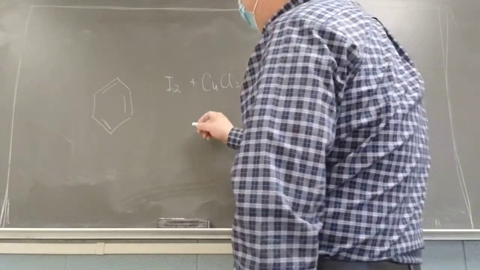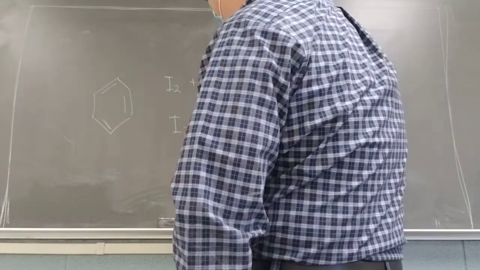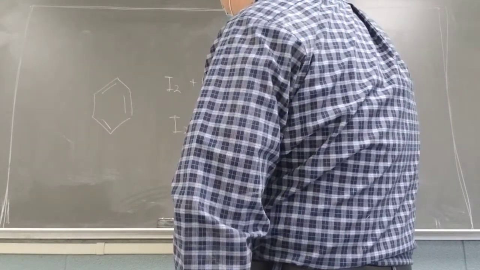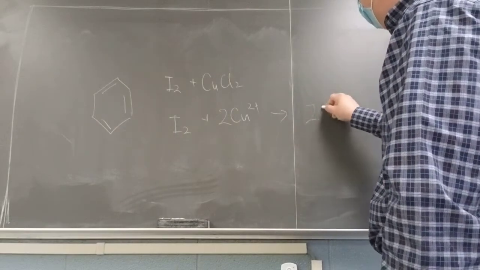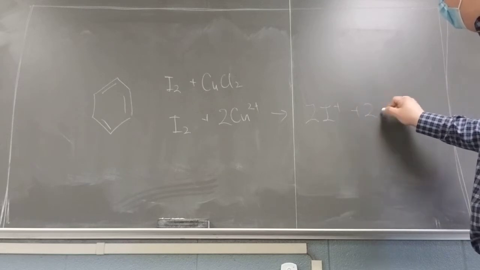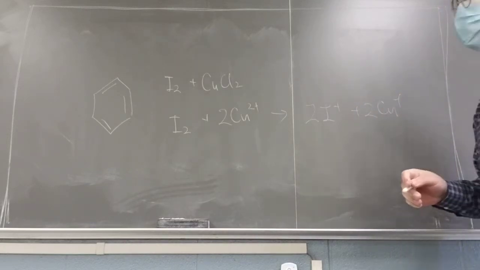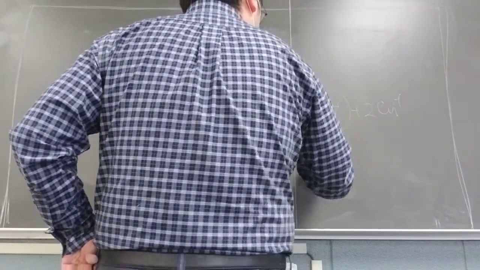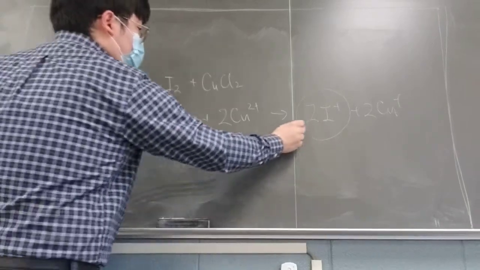So what happens is you have the iodine diatomic molecule with the copper(II) cations, and then they become two iodine cations and two cuprous ions over here. Okay. So then now you have a really good electrophile to attack with.